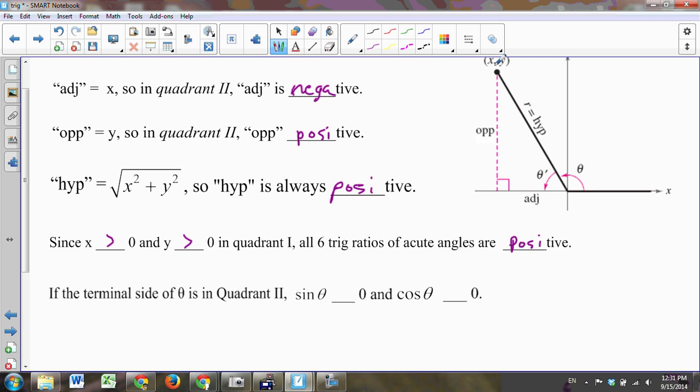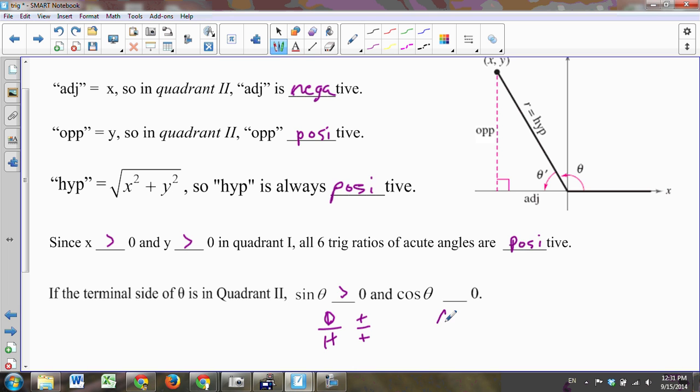Hypotenuse is always positive, so we've got a positive over a positive. So the sine will be positive.